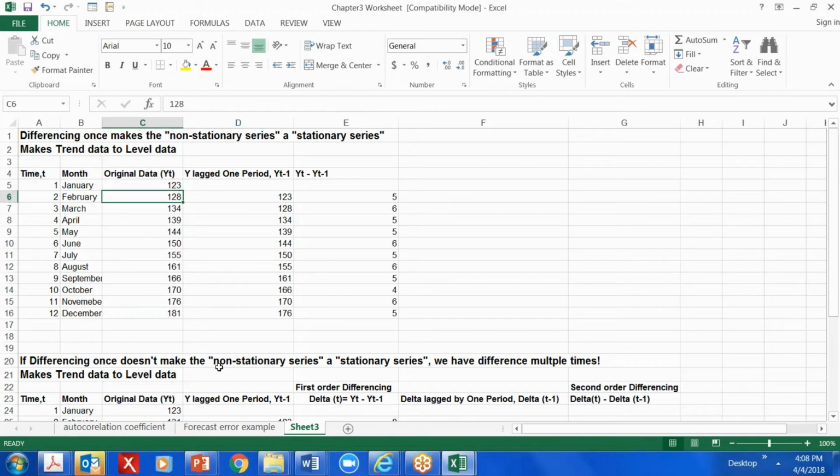Similarly, 128, the original data in February, lagged by one time period, is the one that shows up in March, for a lag of t-1.